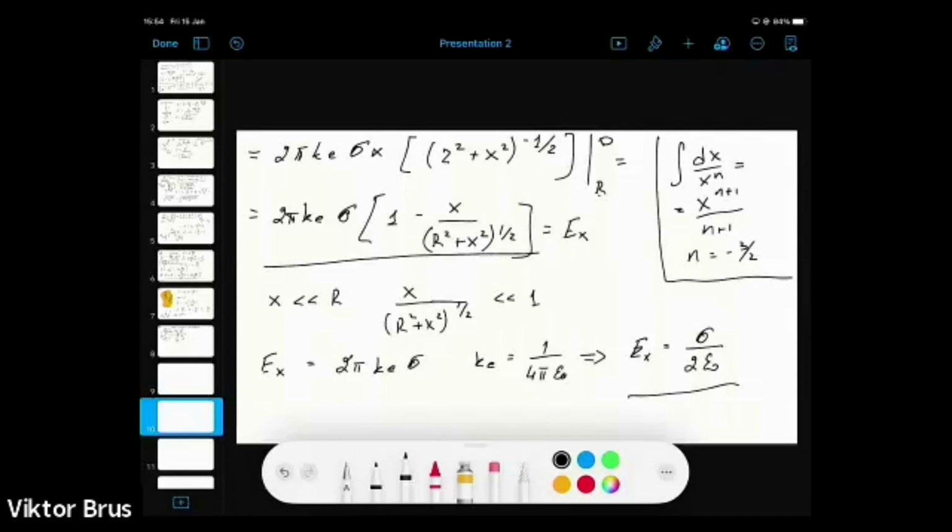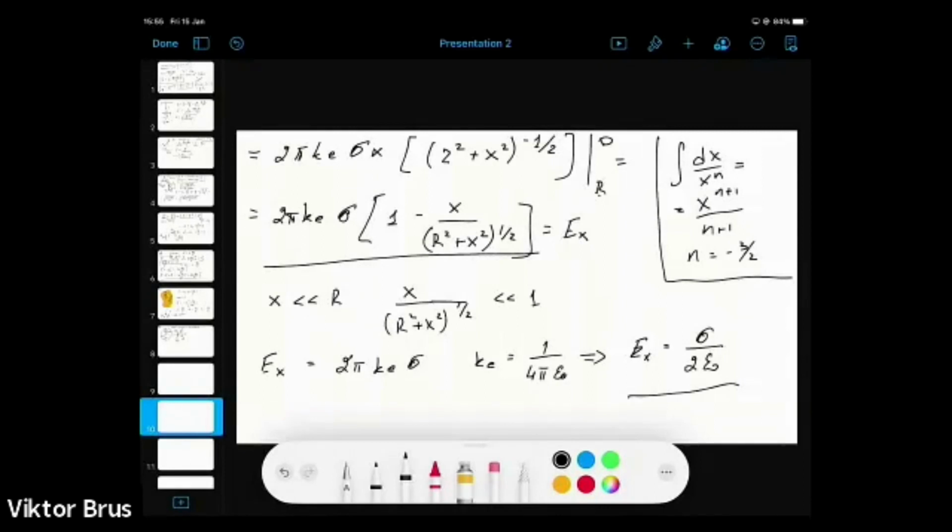Okay, if everything is clear, that's cool. Then we meet on Monday next week, and we continue with Gauss's law, the flux of electric field and energy of electric field concepts.